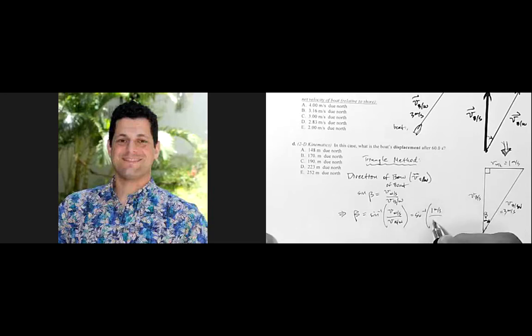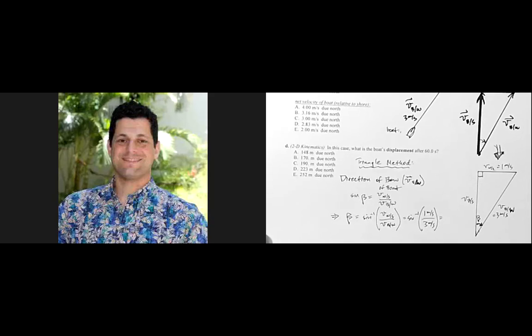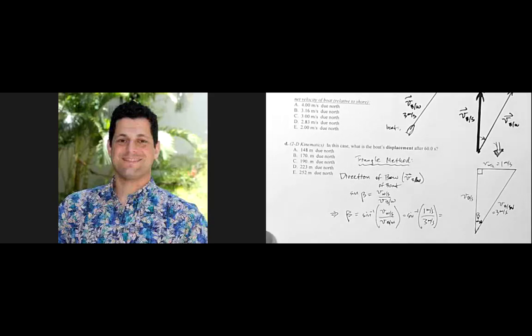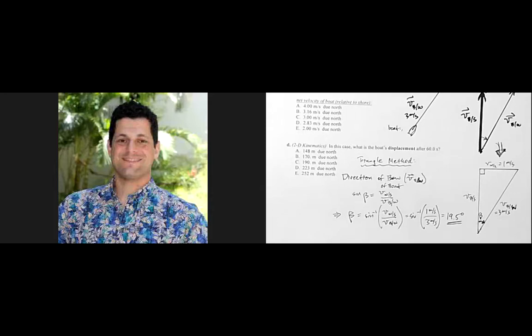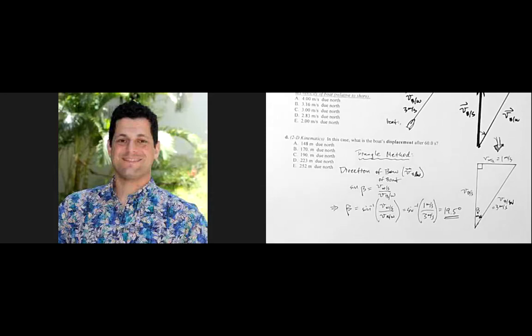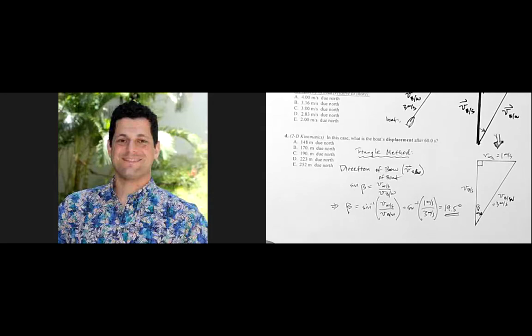Again, these have 3 sig figs on them. I'm just saving space. So I asked my calculator, what's the inverse sine of 1/3? And it tells me that it is not 18.4 in this case. It is 19.5. So it's close. It's similar. It's not wildly different, but it is not exactly the same as it was in part A, because it shouldn't be.